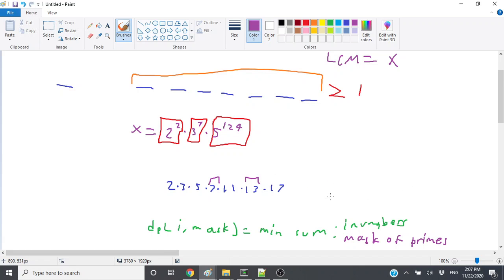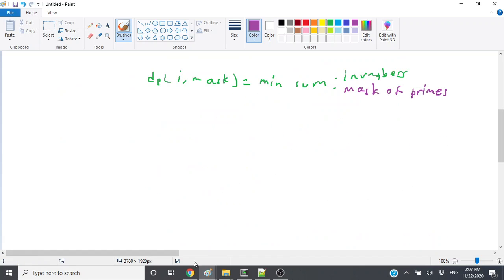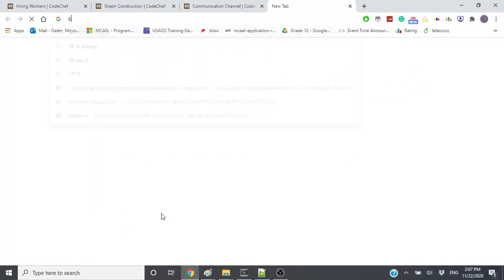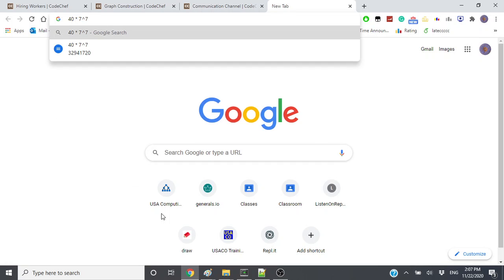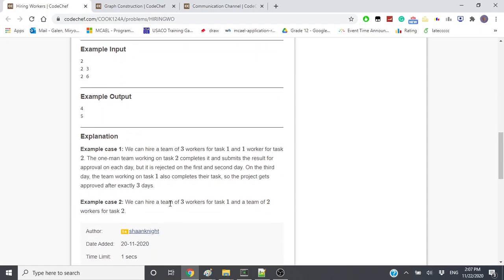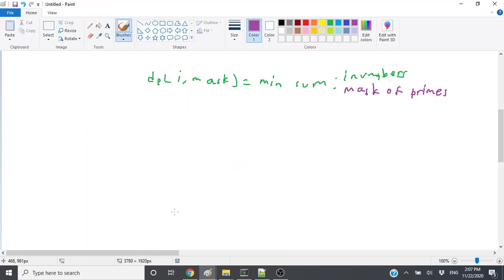All right, if you don't understand bitmask DP, just do the brute force. It's simpler. And in fact, it's like 40 times 7 to the 7th, which is like 7 to the 7th, which is totally fine for the time limit of 1 second.